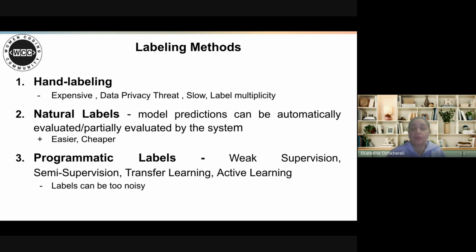And what do we have to do when we don't have hand labeling and natural labeling? In this case, programmatic labels come in. The types of programmatic labeling are weak supervision, semi-supervision, transfer learning, and active learning. What's the difference between them? For example, weak supervision is when labeling can be done by software, and one example is the open source tool called Snorkel, which was developed by Stanford.